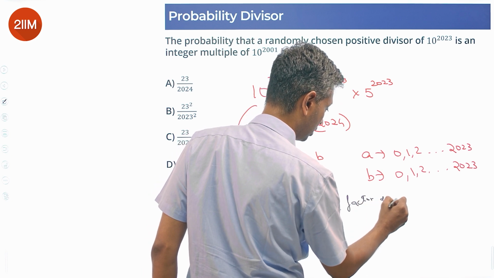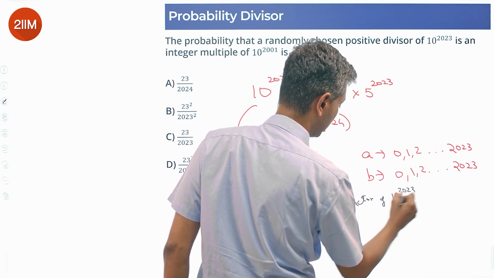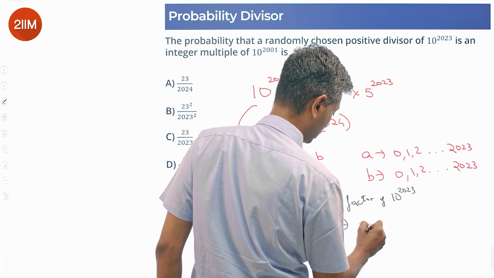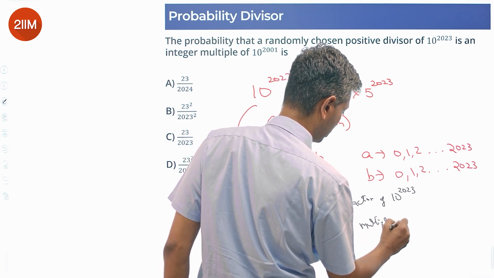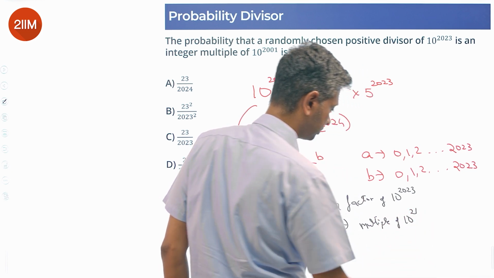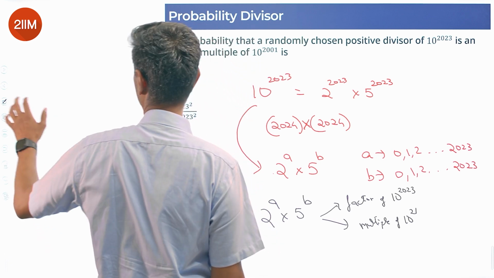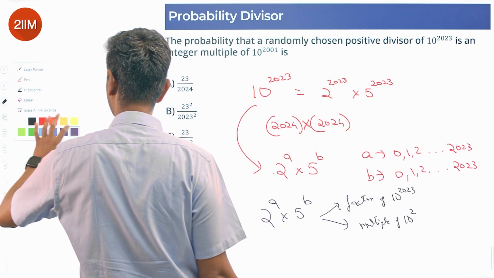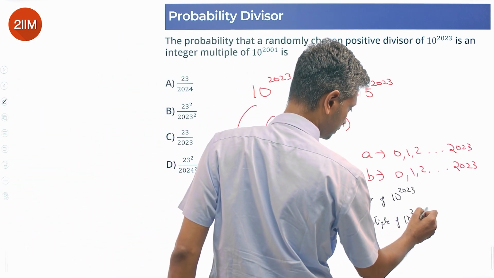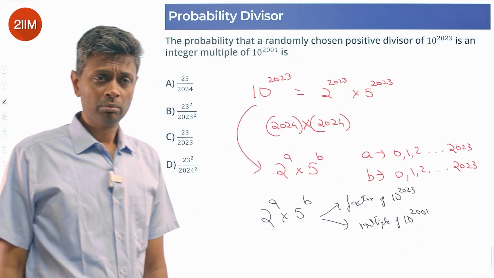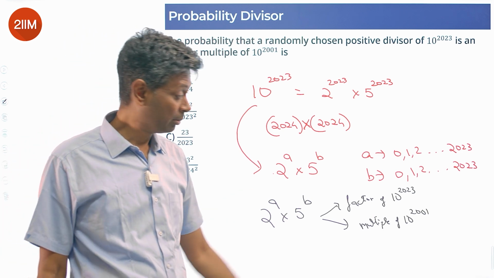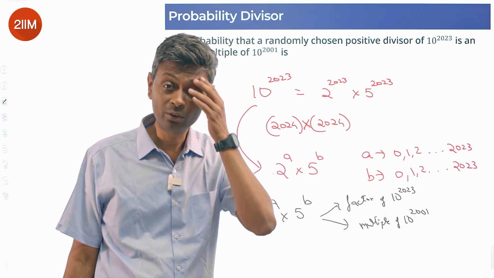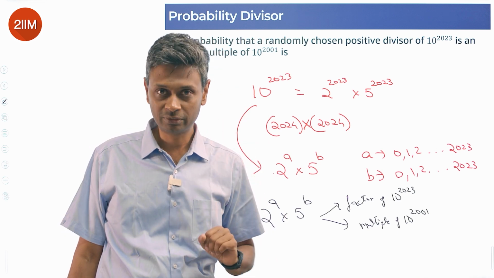Factor of 10 power 2023 and multiple of 10 power 2021. Sorry about that. Brilliant. So this number should be a multiple of this.